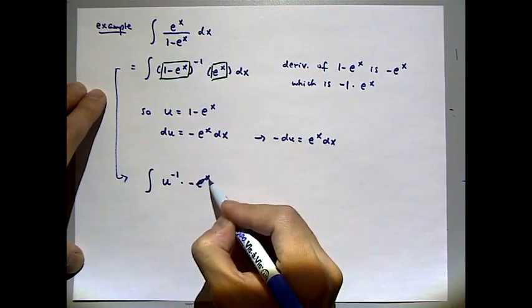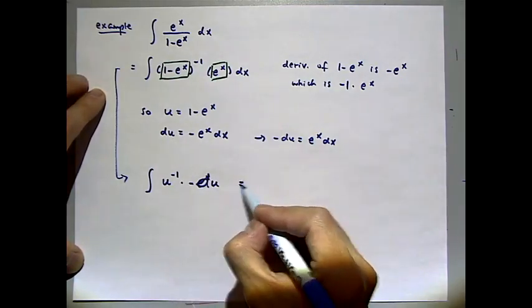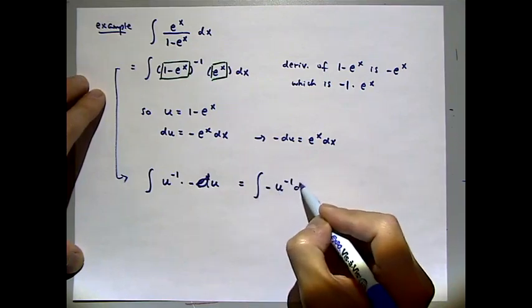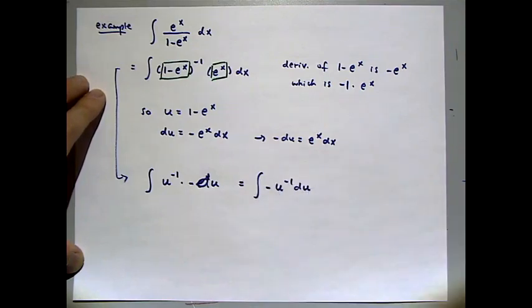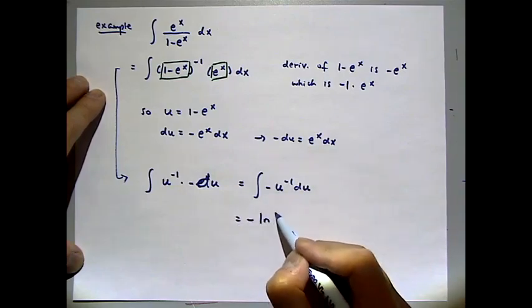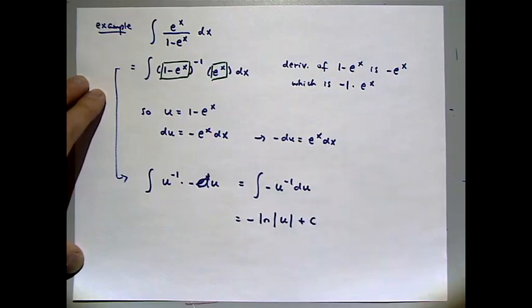Sorry. Times minus du. So that's the same as integral of negative u to the minus 1 du. That's the negative of the natural log of u plus a constant.